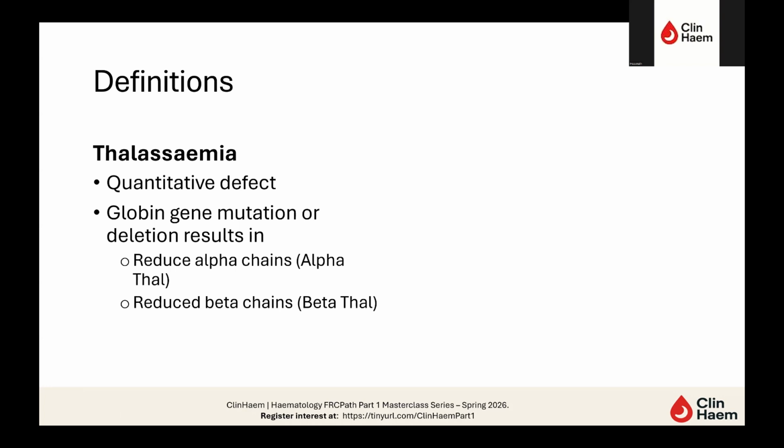And of course, being called alpha or beta thal respectively. And then they will have excess of the opposite chains, which actually cause the problem. And this leads to imbalance in the chains. Normally, there is quite a nice balance between the two chains to make good amounts of adult hemoglobin.